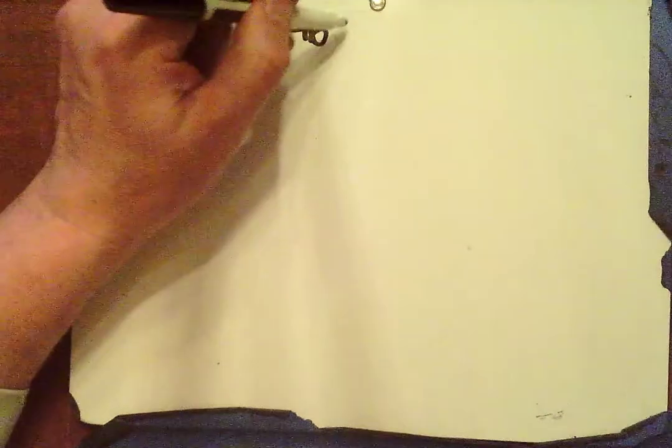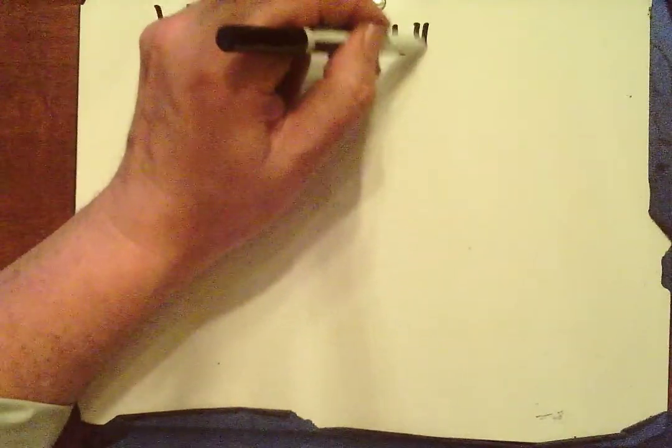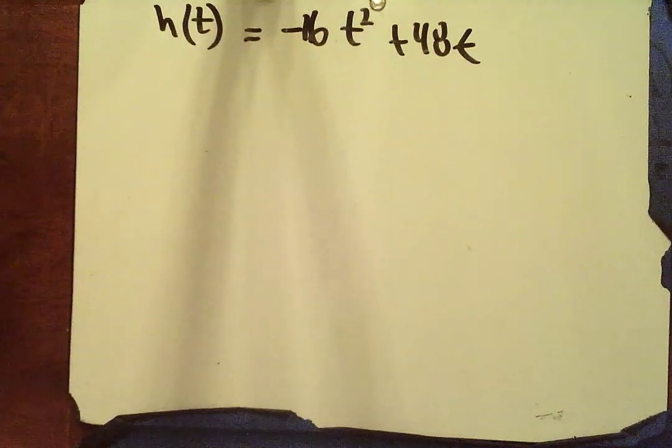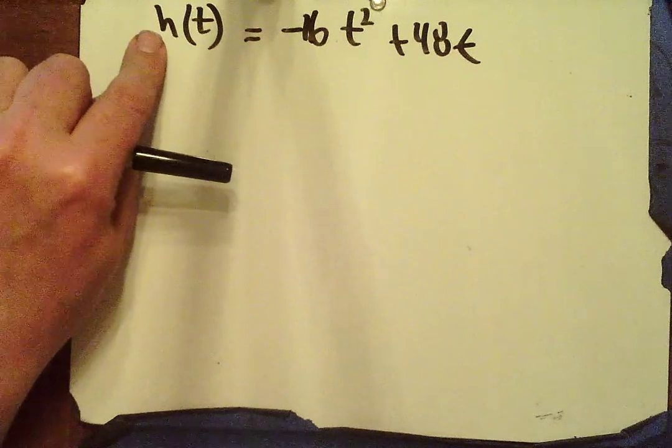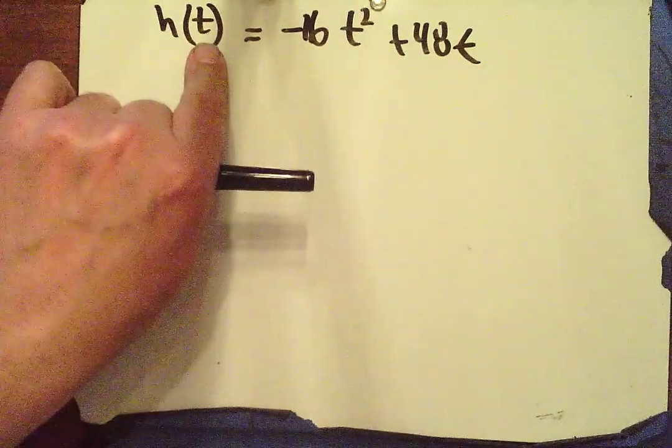Number 10 says the height of a mortarboard thrown at graduation is given by h of t equals negative 16 t squared plus 48 t. Height, t seconds after it's released, so that's height in feet, and that's time in seconds.